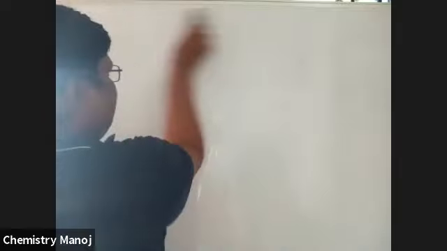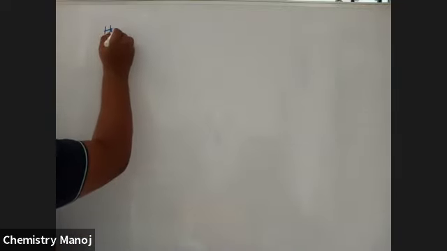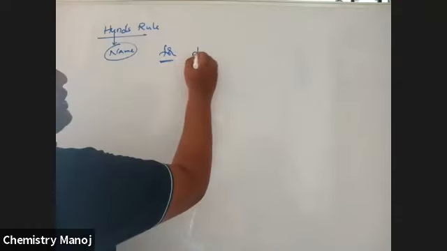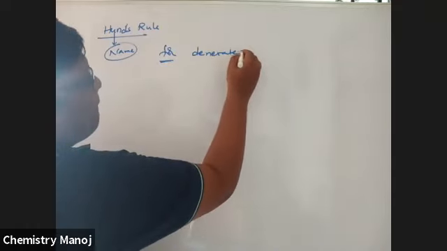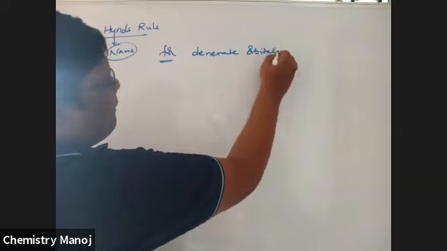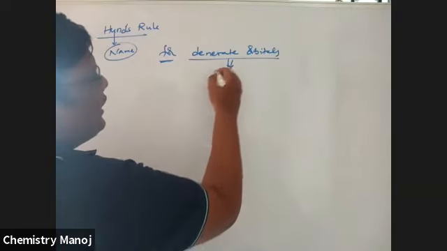Next one, that is Hund's rule. It is a scientist's name, the name of the scientist. There is no meaning in it; it is a noun. So what is this Hund's rule? This concept is for degenerate orbitals. What are degenerate orbitals?